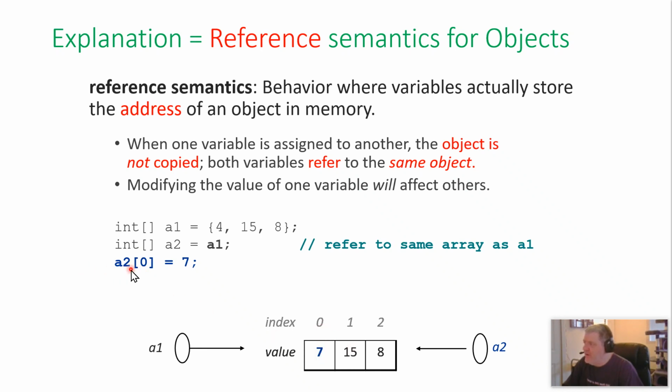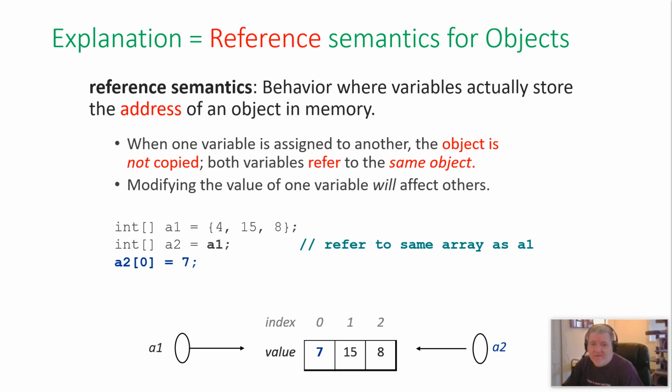A2 square bracket 0, however you decide to read it, A2 of 0, is assigned the value 7. So this expression represents this element here. A2, find the object, index 0, that's the first element, that's this memory cell here. And I assign a 7 here, which replaces the 4 that was originally there.